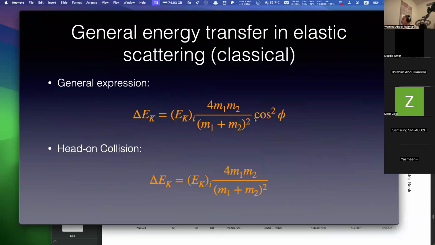In other words, what's the maximum possible value of this delta E_K? It is maximum when the cosine squared of phi equals 1, and that gives us the head-on collision. It depends on the energy of the particle, plus some masses here.